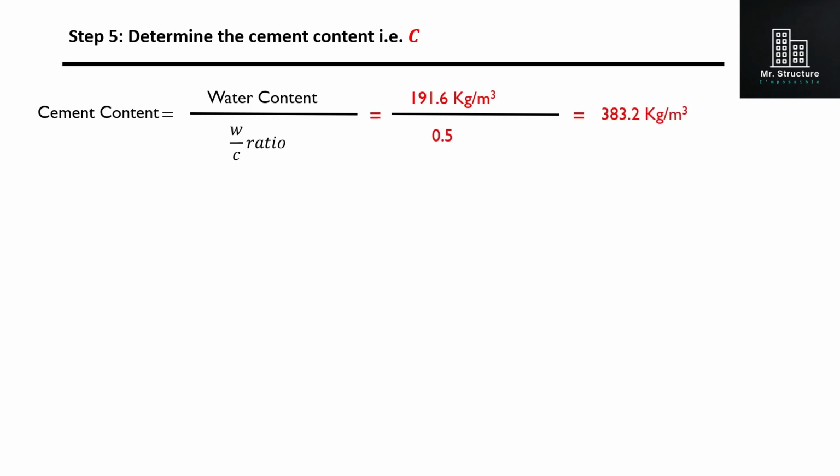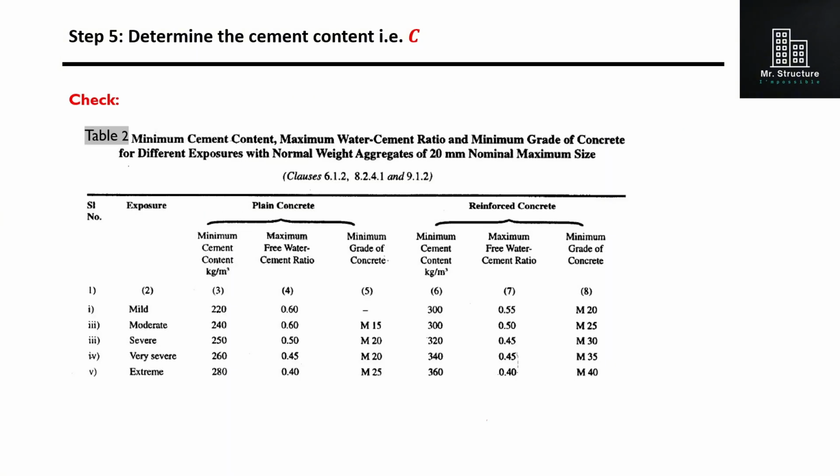Thus, we obtained cement content to be 383.2 kg per meter cube. We need to check this cement content from the durability conditions as done for the maximum water cement ratio.